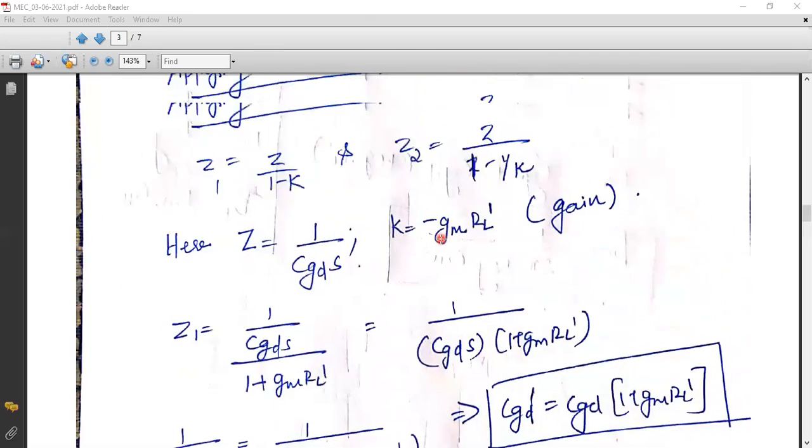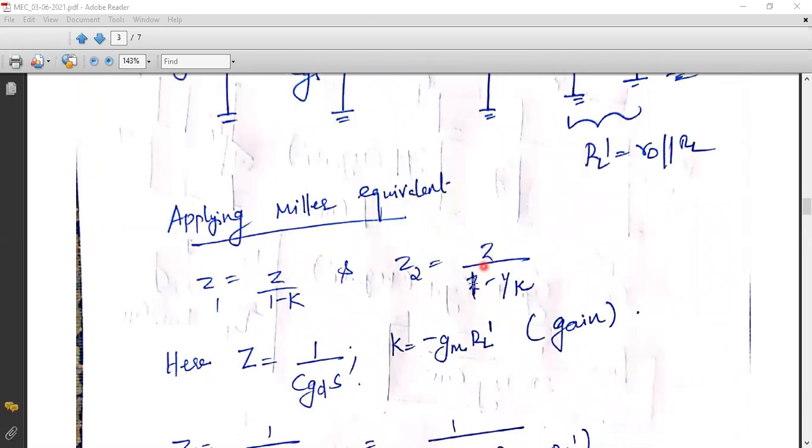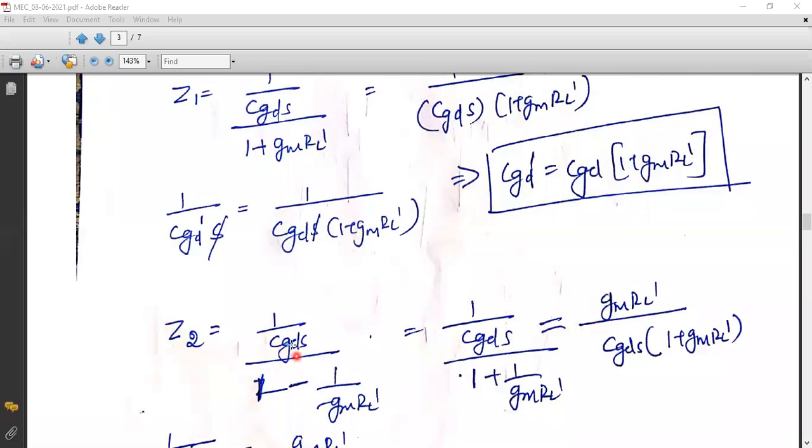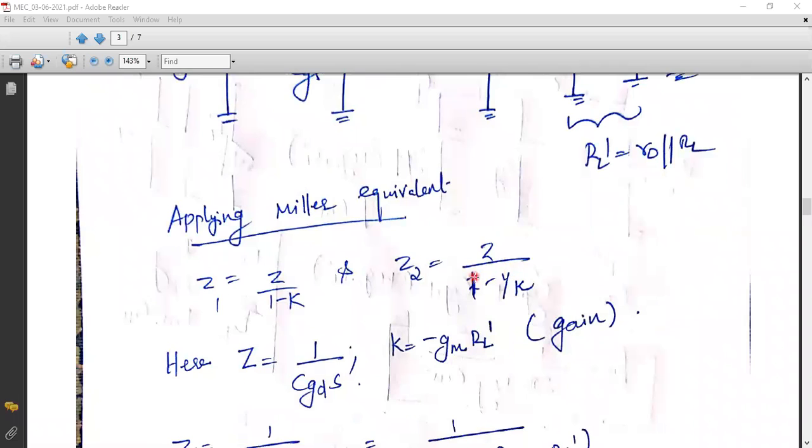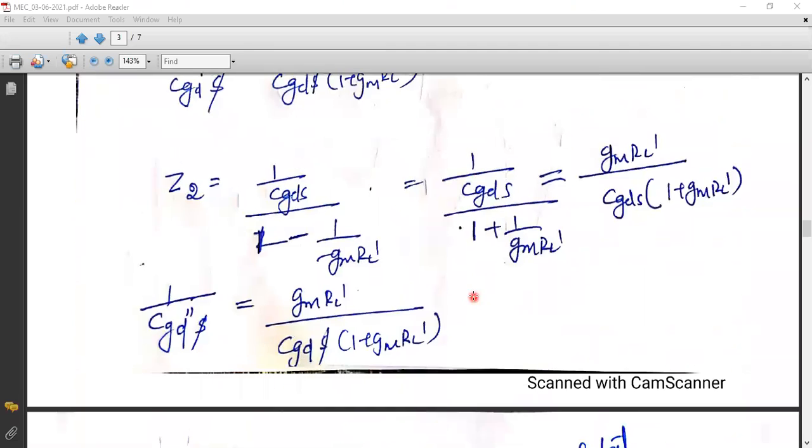Now going for Z2, the equation for Z2 is Z divided by 1 minus 1 by K. Again, Z is equal to 1 by CGDS divided by 1 minus 1 minus 1 by minus GMRL dash, right? So this minus and this minus will become plus.